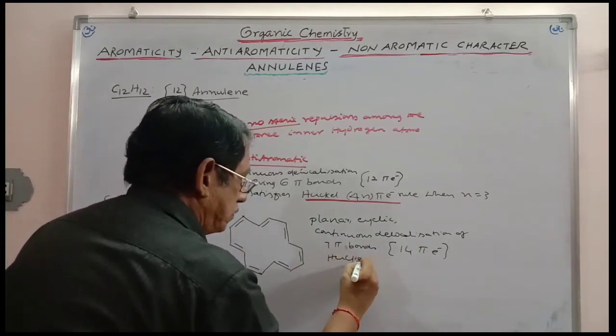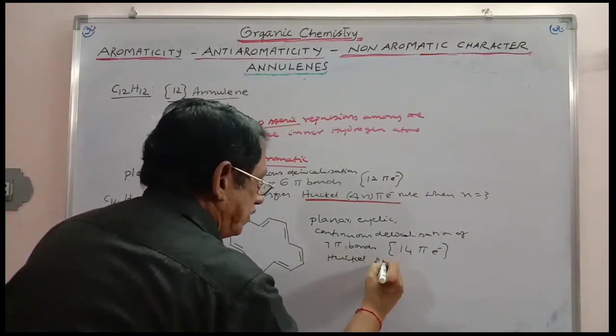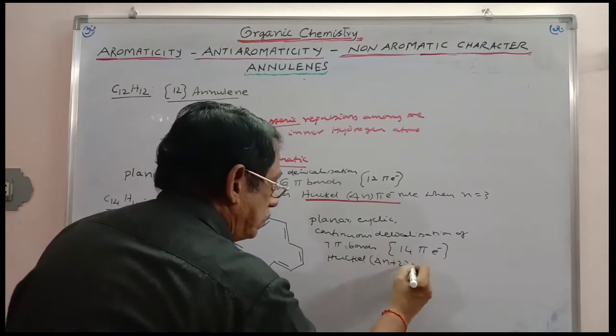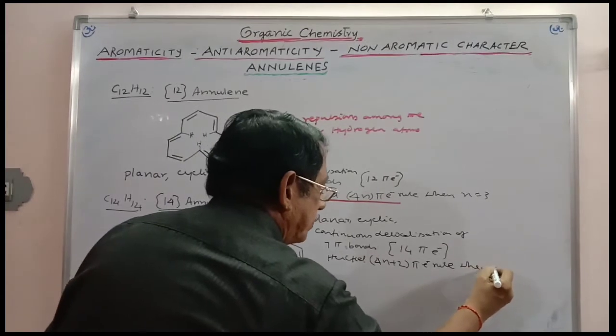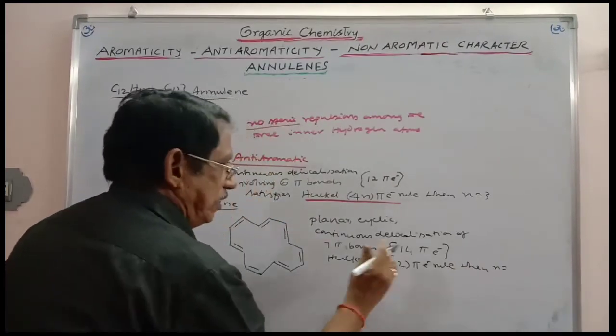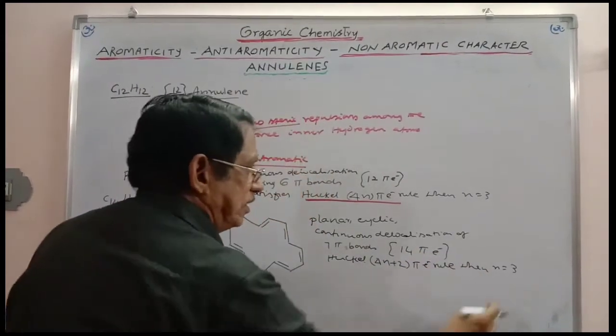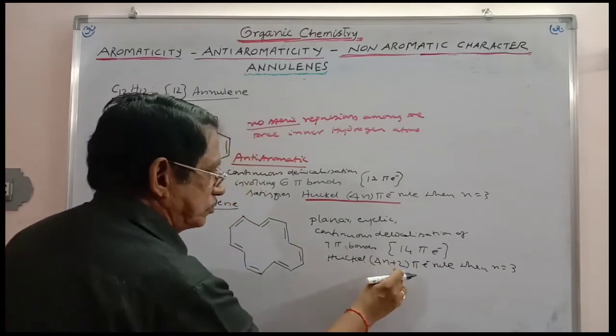Huckel 4n plus 2 pi electron rule, when n is equal to 3. When n is equal to 3, 3 into 4, 12 plus 2, 14.